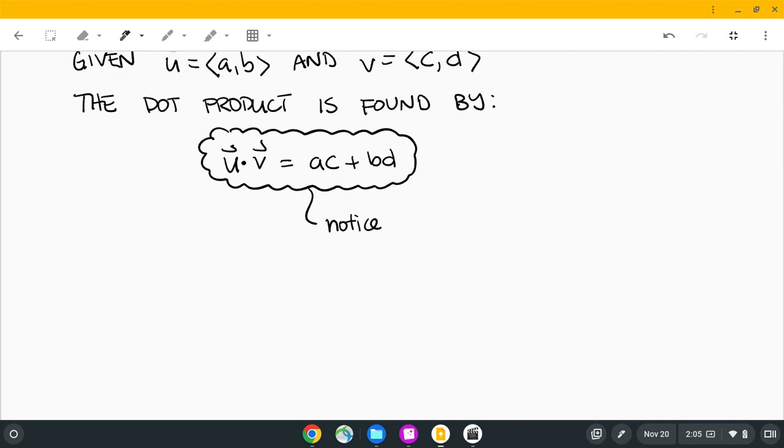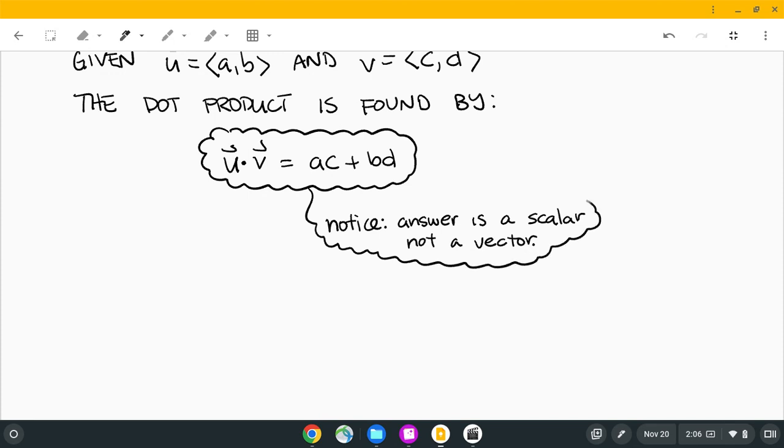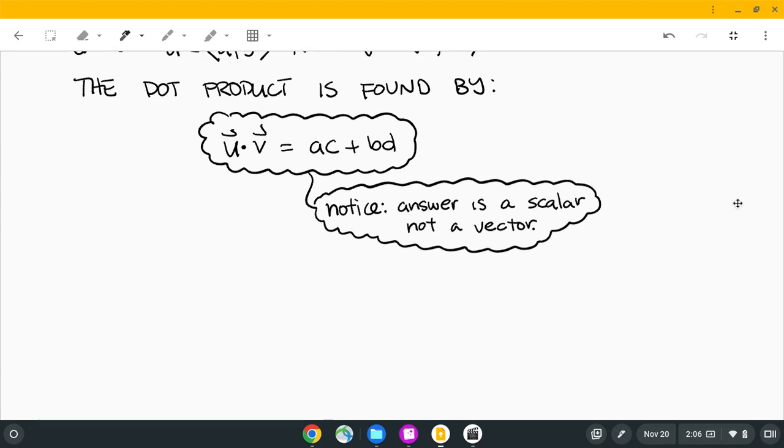So just keep that in mind, because when you do the dot product, your answer is a scalar, a real number, not a vector. Just keep that in mind as you are doing the dot product.